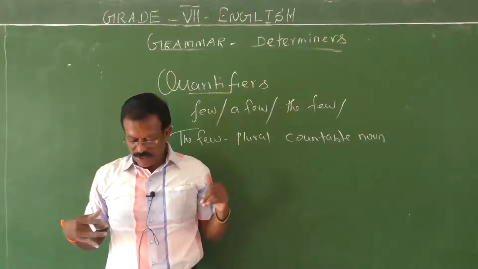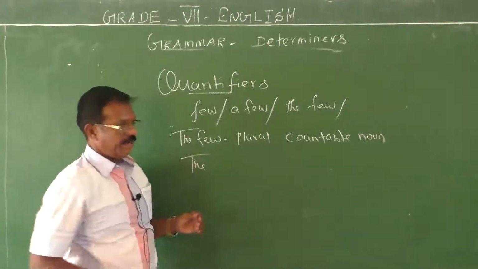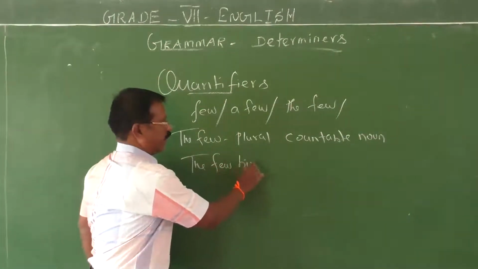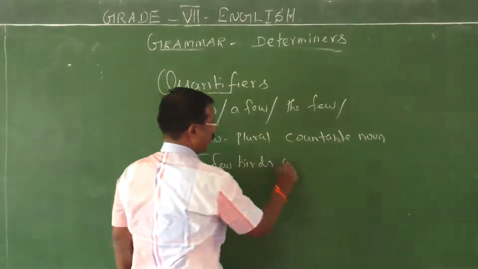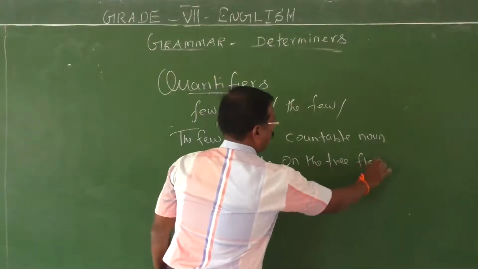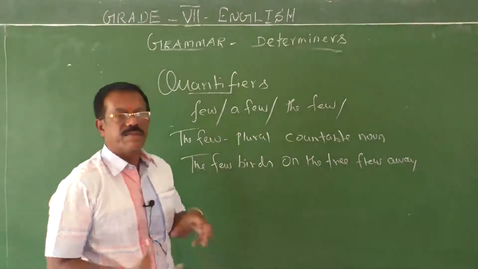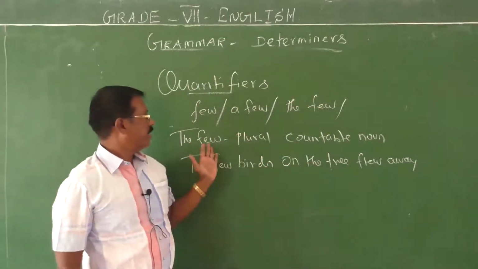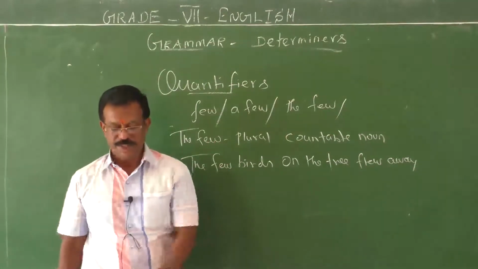The few birds on the tree flew away. So it means that there are some birds, and all the birds flew away. So the few means plural countable, but all have been brought into the picture.